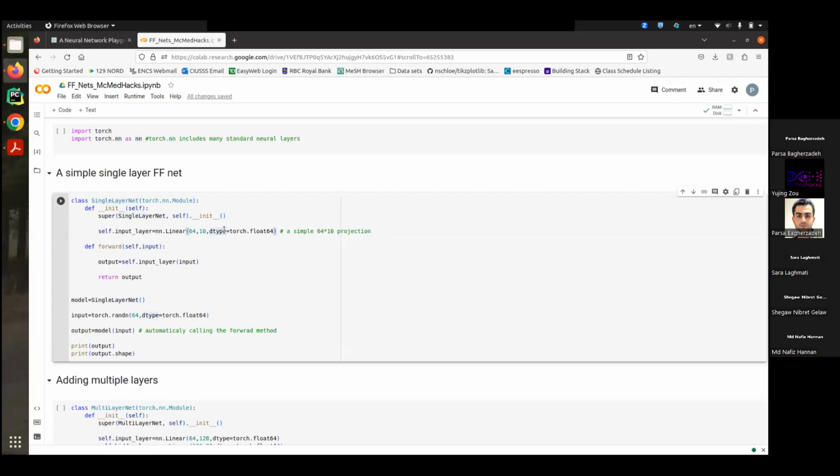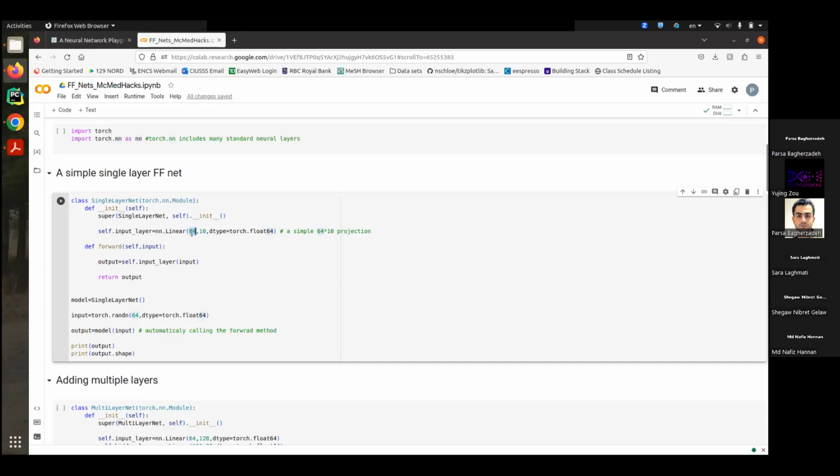So a single layer net only has one layer, the input layer. The input layer actually maps the input to an output. So it was linear. I can declare a linear layer like this, nn.Linear. And the first argument here, when I'm declaring and making an object, is the size of input, which is 64.